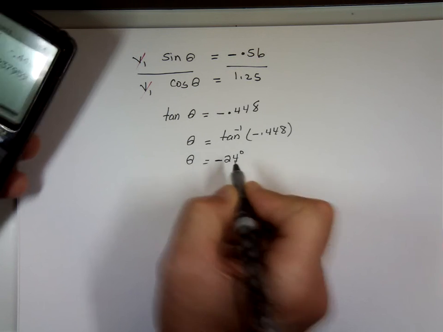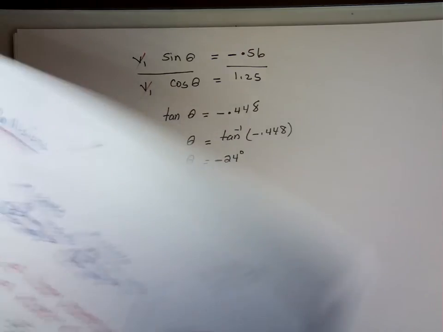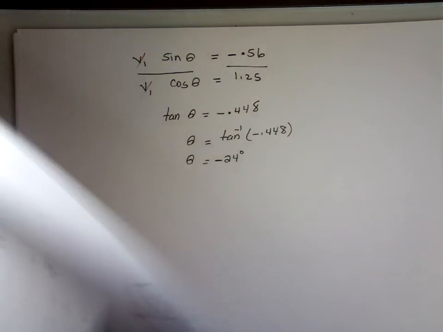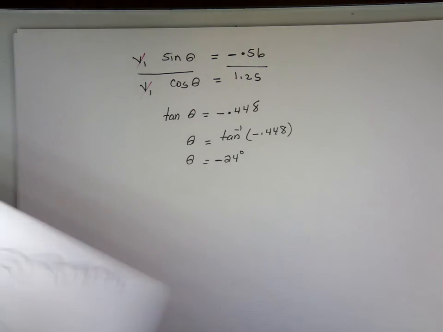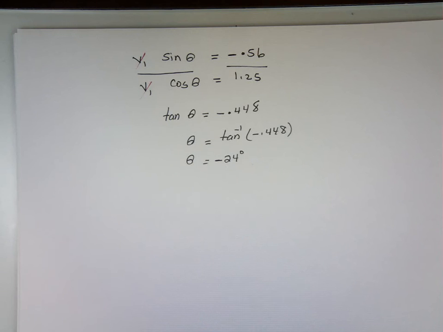So notice by not saying, well, this is coming down, I should make that negative, I said, let the math tell me that. And once you know that, can you find V1? It doesn't matter which equation we use.